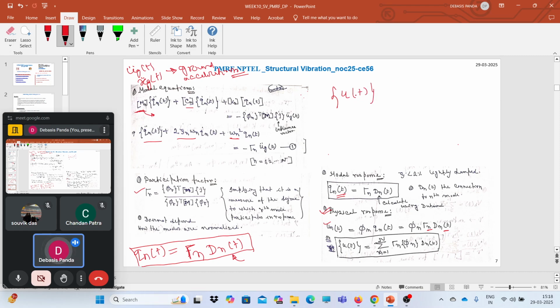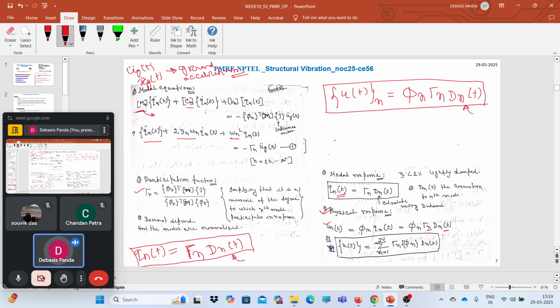If I want to calculate for a particular node, then the equation will be phi n, the participation factor corresponding to that mode, and dn of t. That is the response in the generalized coordinates.